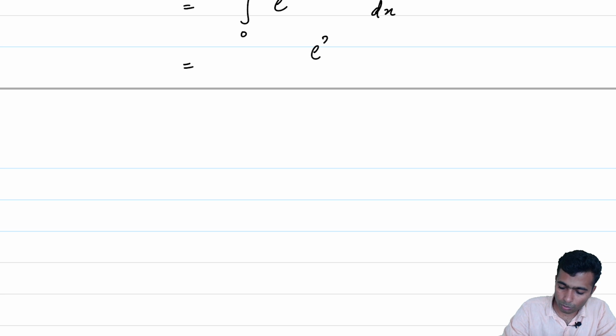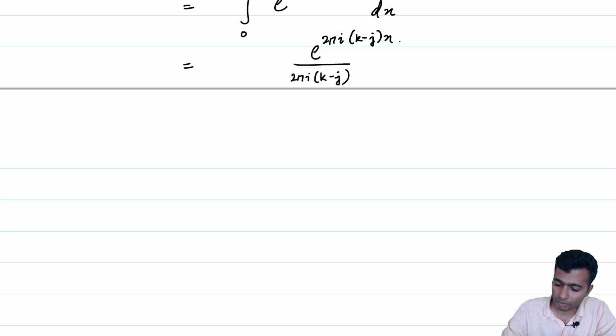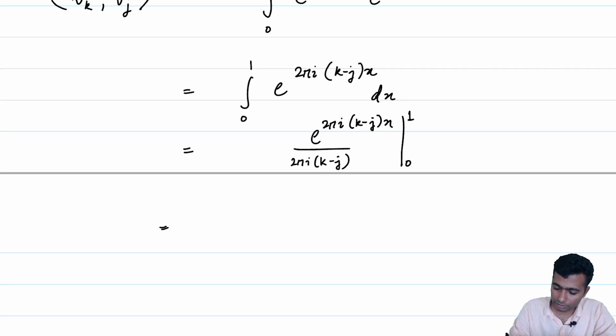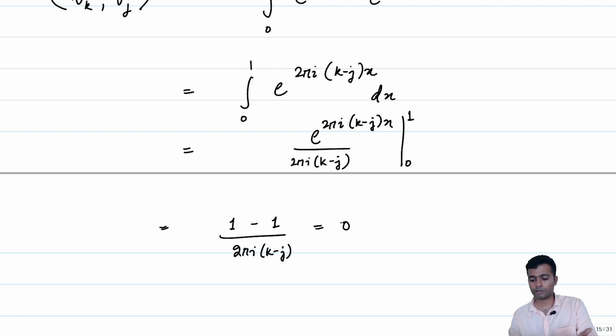And this is just e to the power 2 pi i (k minus j) x divided by 2 pi i times (k minus j), from 0 to 1. You can check that this is just 1 minus 1 divided by 2 pi i (k minus j), which is equal to 0. The first one comes because e to the power 2 pi i times any integer is 1, and the second one is from e to the power 0, which is also 1.